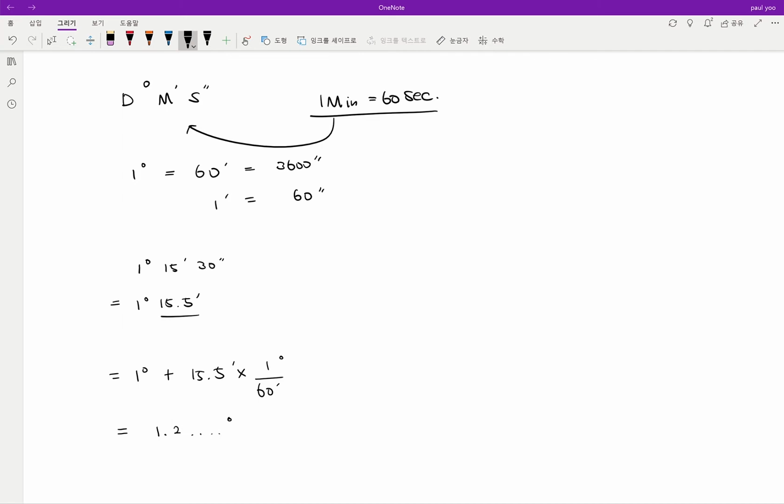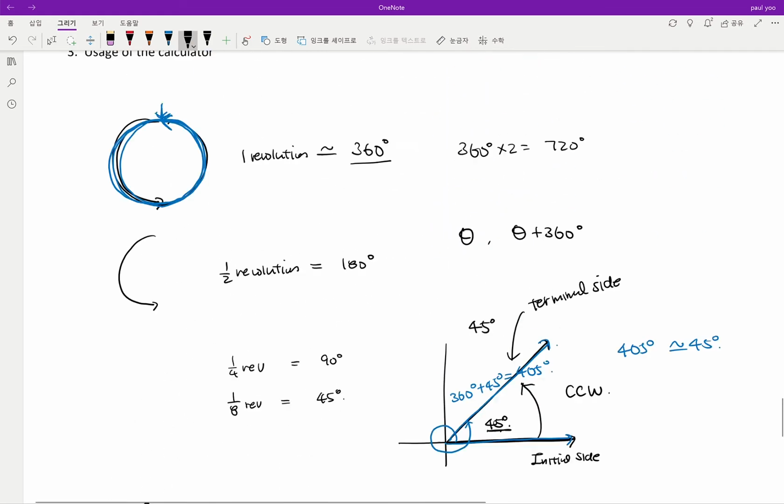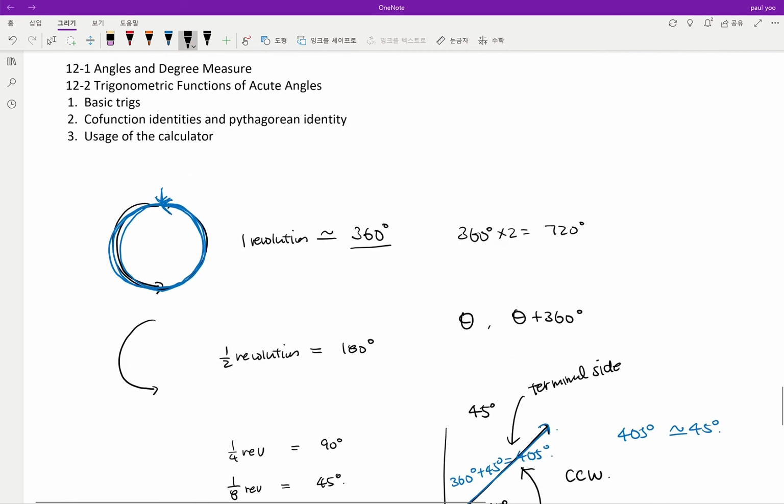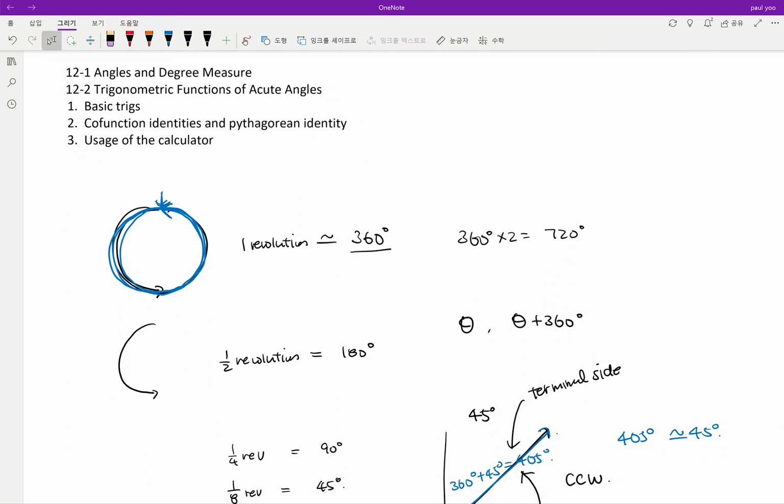Pretty simple. Then you should pause the video here and try all problems in 12-1, including mixed review exercises. And here we shall move on to 12-2, which talks about trigonometric functions of acute angles.